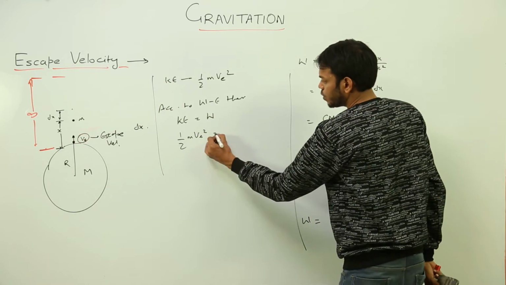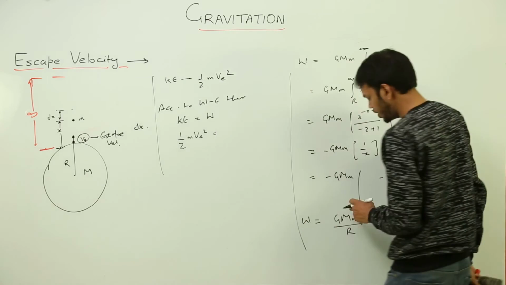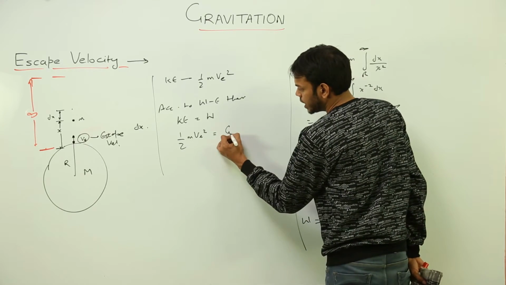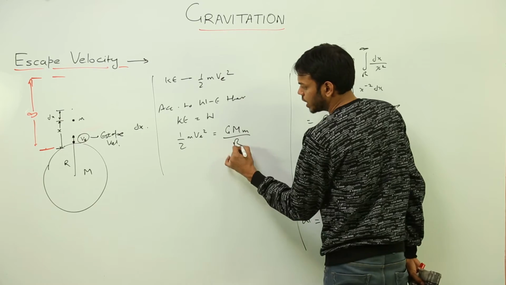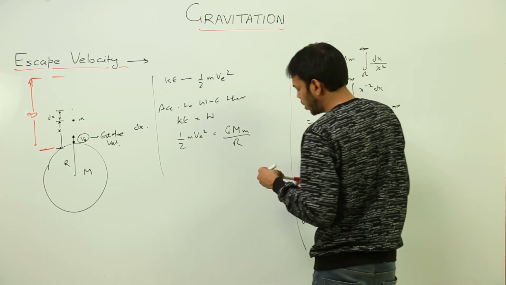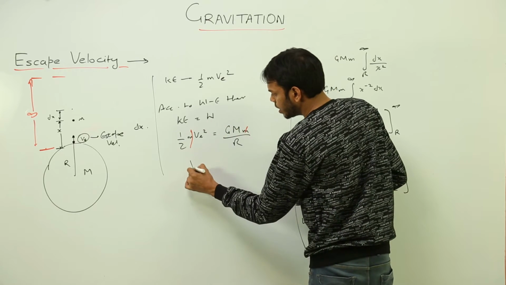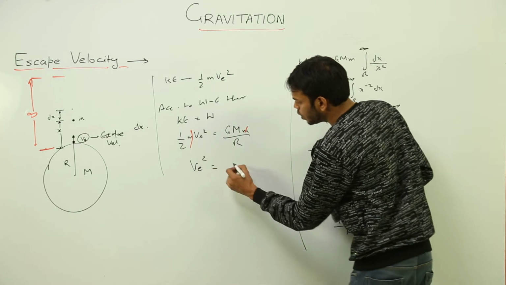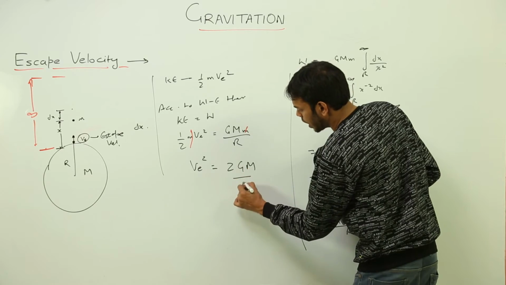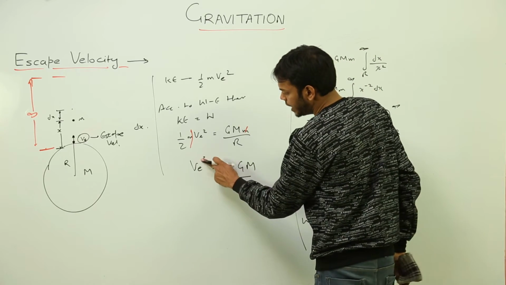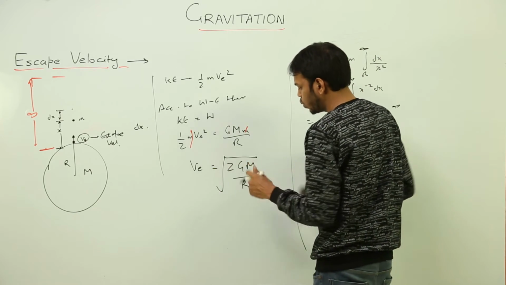Okay. This is equal to, what is the formula we have? Work done is GMm over r. So what do we get now? This m cancels out and 2 gets multiplied here. VE square is equal to 2GM over r, or VE is equal to under root 2GM upon r.